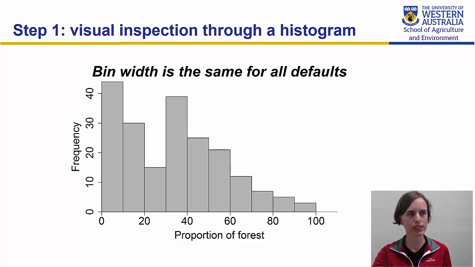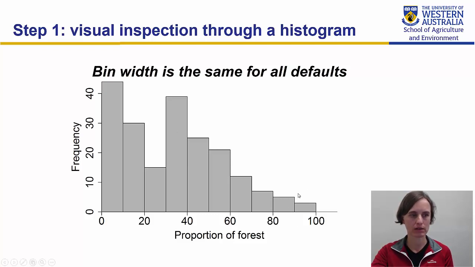What you can definitely see is that forested area is going down. The frequency of high forested proportion is much lower. So there's only about 4%. Where is my mouse?